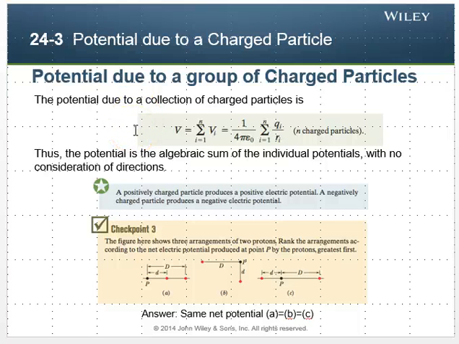So, just like mass and just like in gravity, if we want to deal with a system of charges, this is simply additive, right? The electric field due to each point charge is independent of the electric field due to all the others.